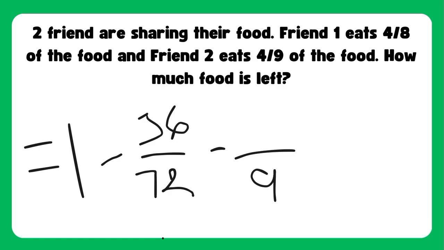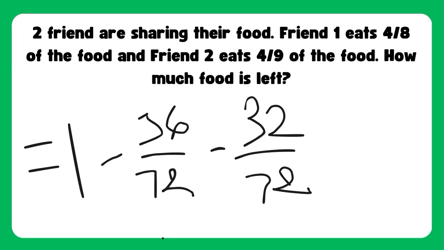Can I write 32 please? Yup, 32. And this obviously is going to be 72 again. So we have 36/72 minus 32/72. And since we're subtracting twice, we can just add these two up and put it in a bracket. That's just how brackets work. But I will subtract 36/72 and then 32/72. So we can convert 1 into just 72/72.